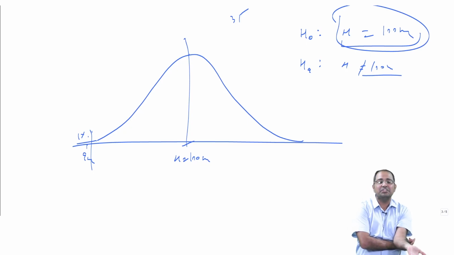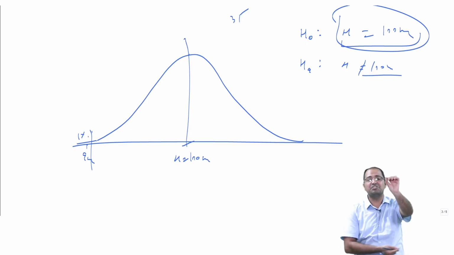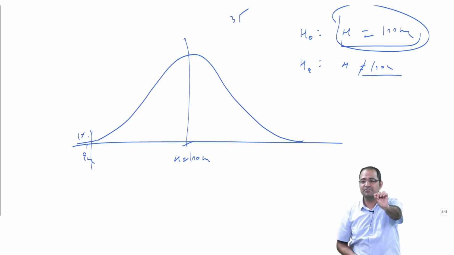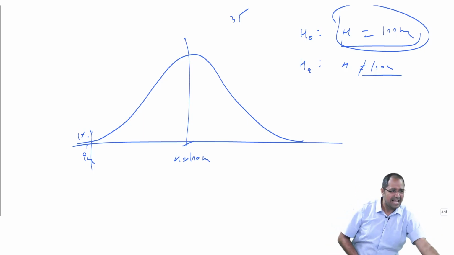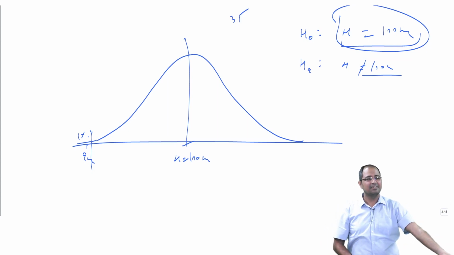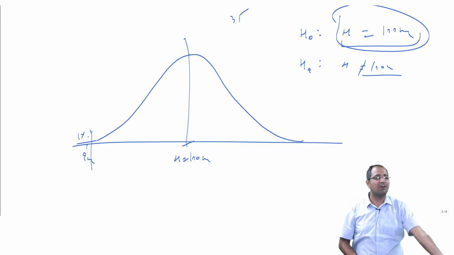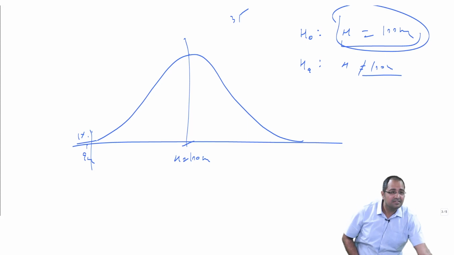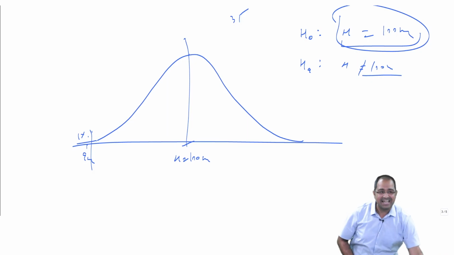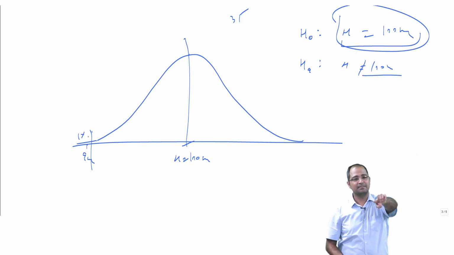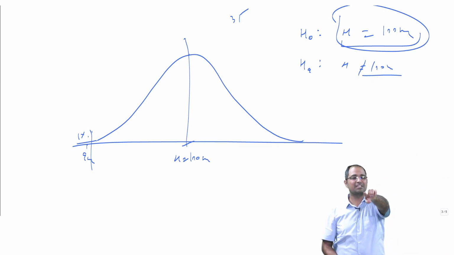So if you assume that the null hypothesis is correct, which is population mean is 100 meters, it is very unlikely that any sample would have a mean height of 9 meters. If it is very unlikely, what is your assumption? That population mean is 100 meter, which is wrong.